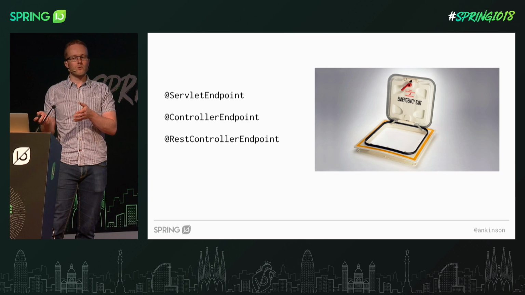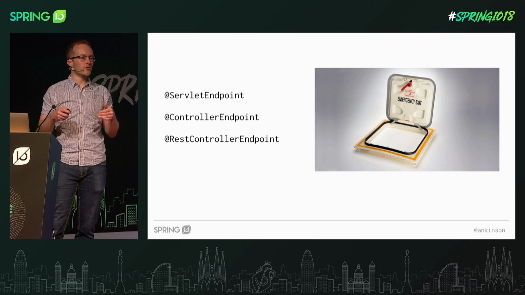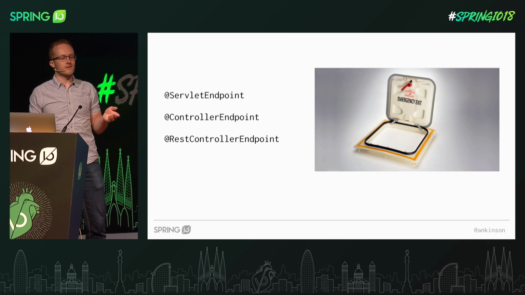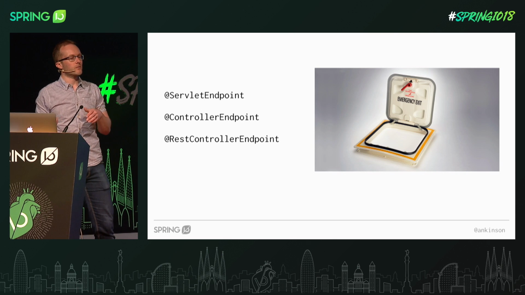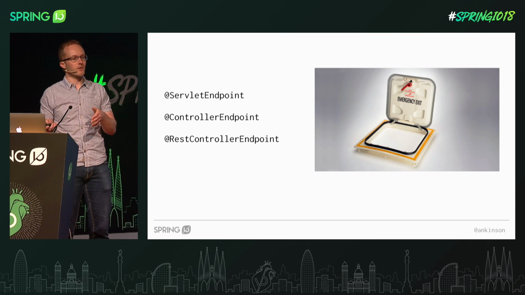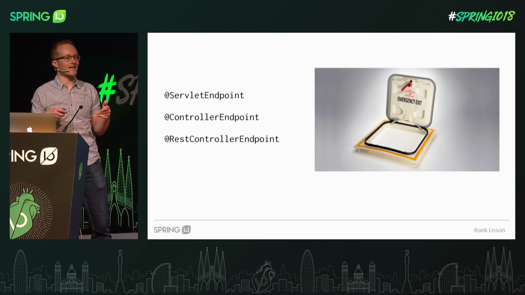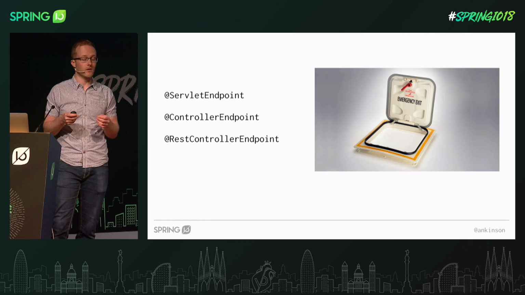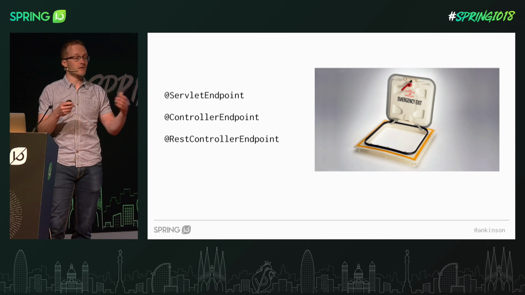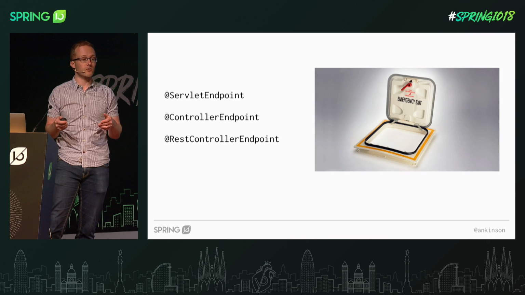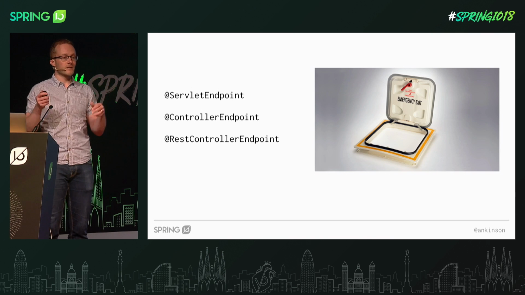In Spring Boot 2, the controller endpoint and REST controller endpoints are the equivalent, basically, with the advantage that they work with both Spring MVC and Spring Web Flux. So if you're not already familiar with Web Flux, its annotation-based programming model basically uses the same annotations as Spring MVC's annotation-based programming model. So you can use controller and REST controller and things.